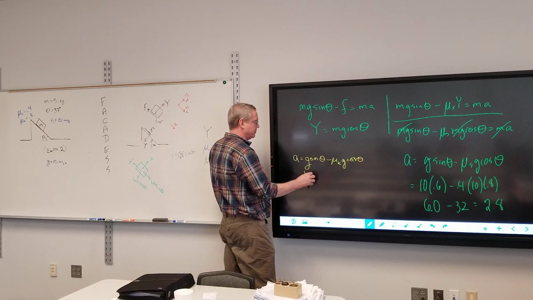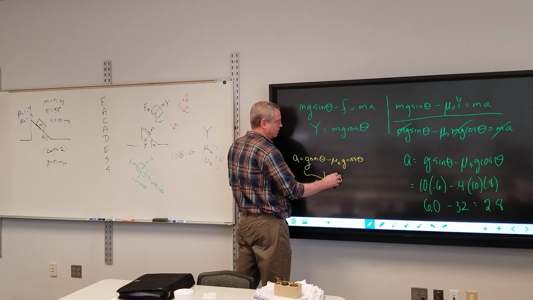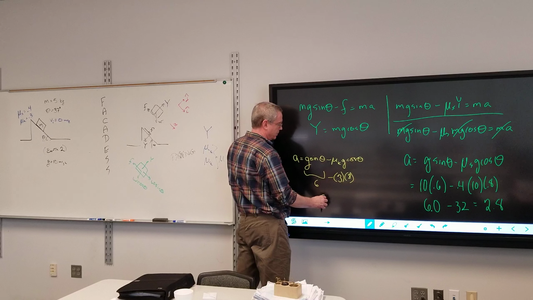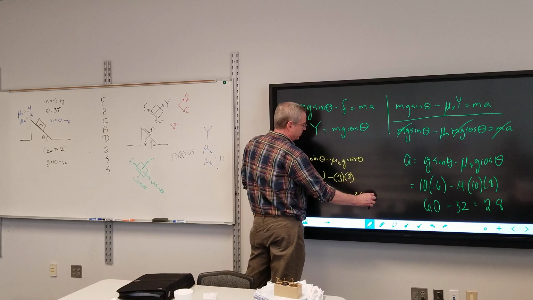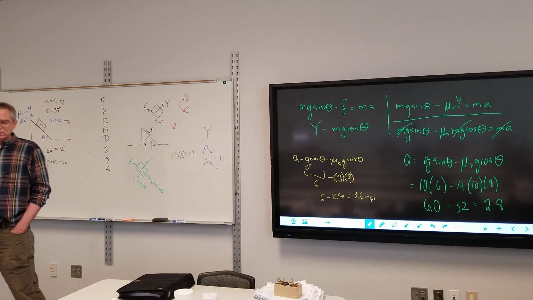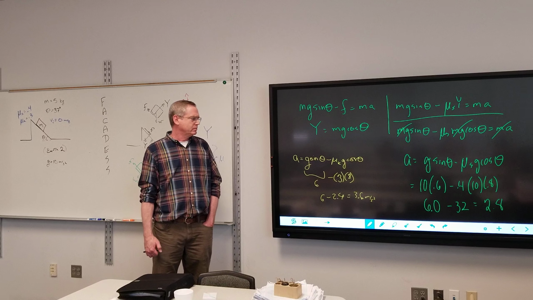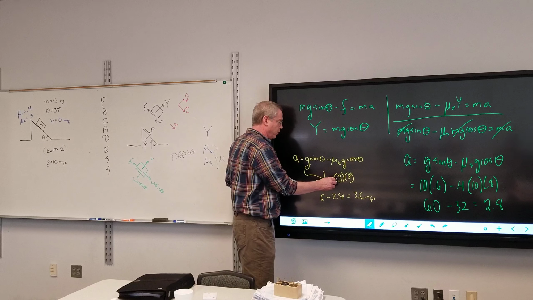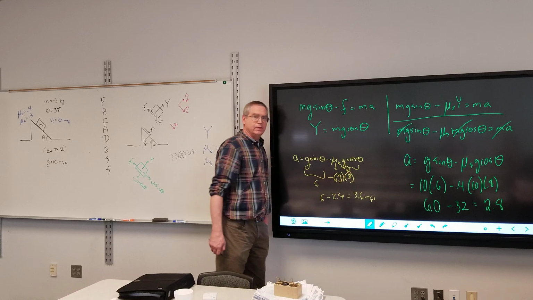And so this will be 6 minus 0.3 times 8, 6 minus 2.4, which is 3.6 meters per second squared. Is that a 0.3 and 0.8 or 0.3 and 8? That's 0.3, that's mu sub k, and then g cosine theta is 8.